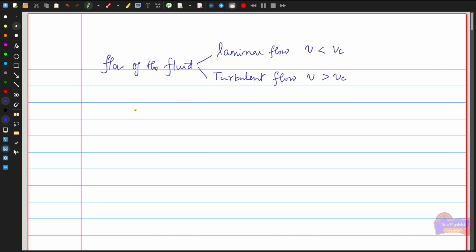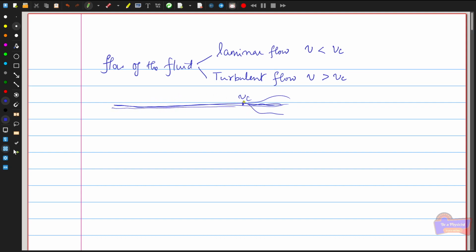Suppose you consider the fluid moving from one point to another, and the velocity changes continuously during the flow. At some point the critical velocity is reached, and after it the flow will be turbulent. Before the critical velocity, the layers do not mingle with each other.